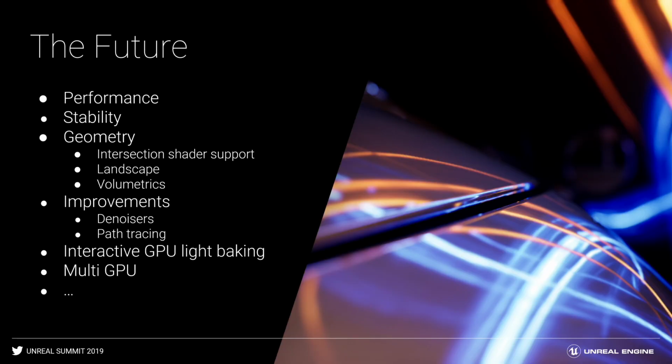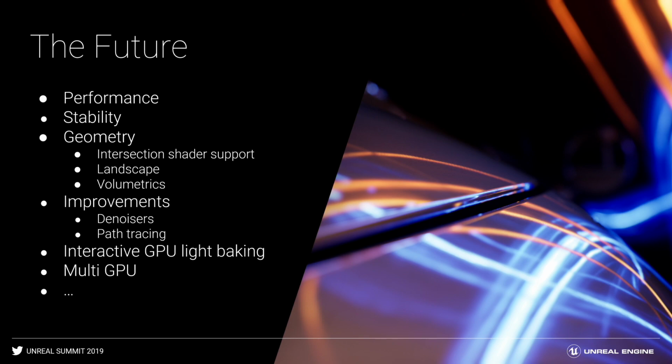All right, before we finish the talk, I want to talk about the future a little bit. We think that we currently have a pretty good feature set, although it is in early access. Our top priority right now is performance and stability. So mainly look for stability and performance improvements in 4.23 rather than feature work.